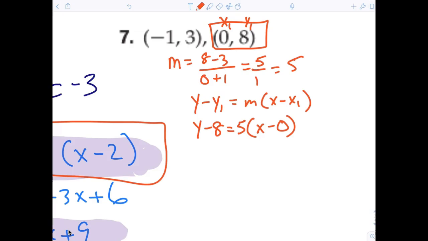So, or it could be, go. Y minus 3 equals. Beautiful. That's exactly right. You could have either one of those answers and you would be considered correct.